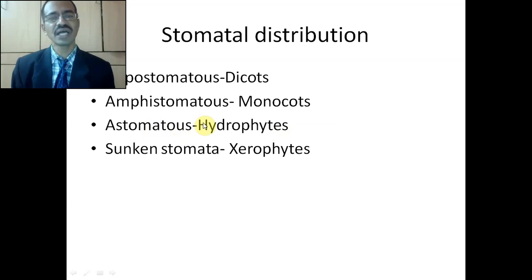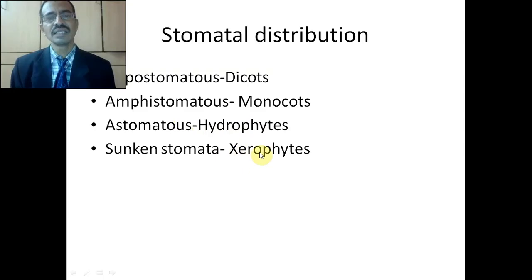In submerged hydrophytes, stomata are degenerated because they don't have a particular function. So they are called astomatous. In hydrophytes like Nymphaea and Nelumbo, stomata are mostly present on the upper side of the leaves. So it is called epistomatous.